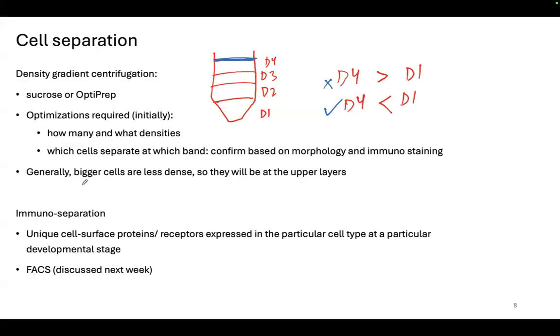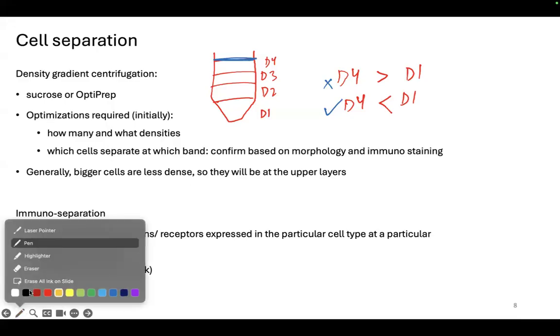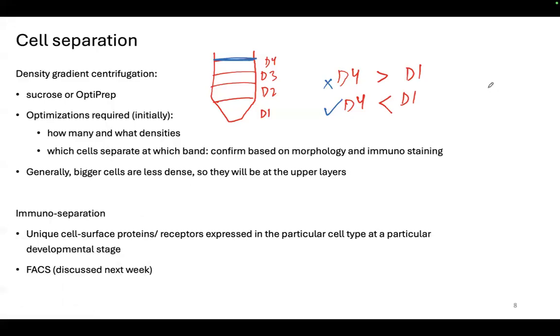So the main idea here is that cells, generally, if we assume that cells have a similar composition throughout, as if you've spent the same resources in each cell, if you've sent 100 molecules into each cell, you have bigger cells and then smaller cells and then small cells, and let's say you have these 4 different sizes of cells.